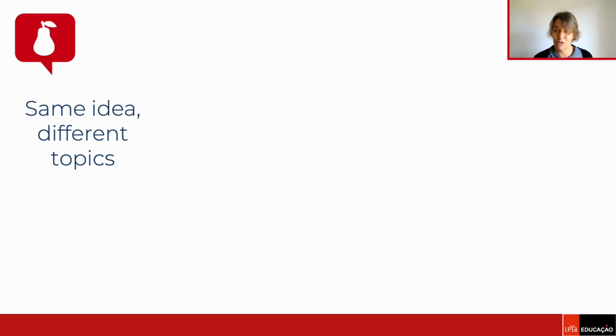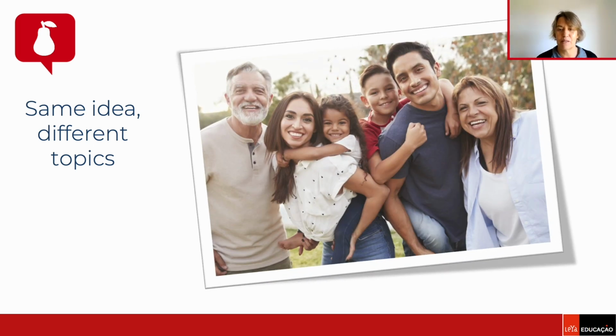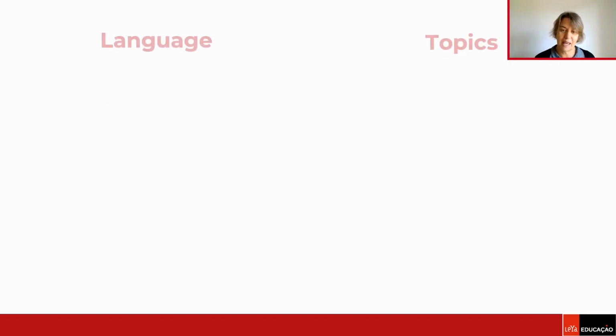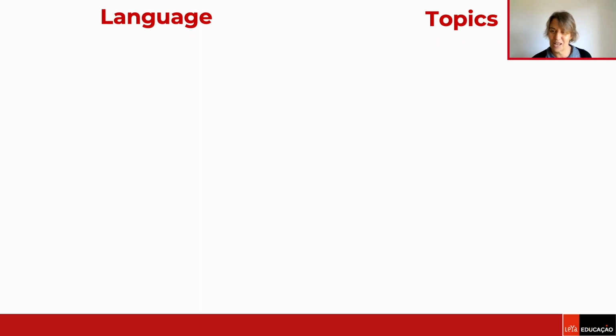All right, so that was just one idea. As I said, I chose to do food, but we could use the same sort of process with any different topic. A topic that maybe you would cover in a different year, maybe in the third year, is family. Again, we would want to brainstorm all the topic areas and all the language areas that we can deal with in this topic.